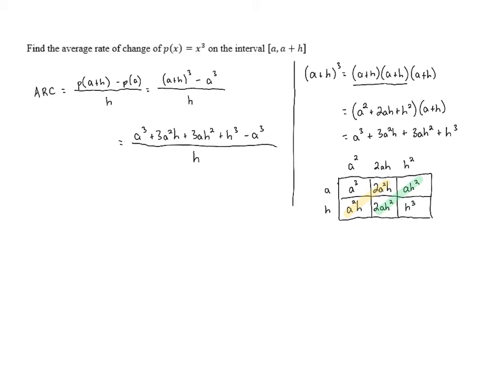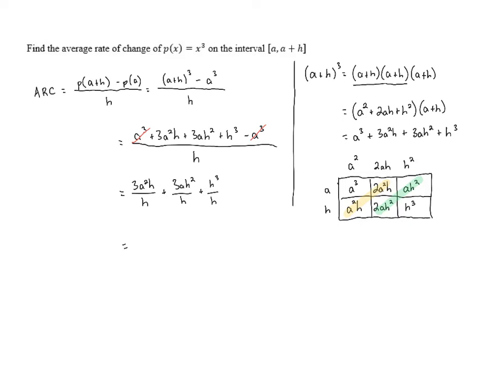Next, we can do a little bit of canceling. We've got a positive a cubed and a negative a cubed that we can cancel out. And that leaves us with 3 terms in the numerator. And since all of these are being divided by h, we can separate this out into 3a squared h divided by h plus 3ah squared divided by h plus h cubed divided by h.